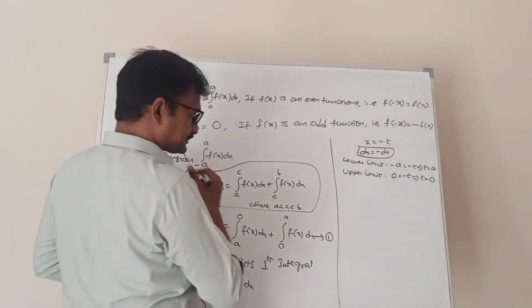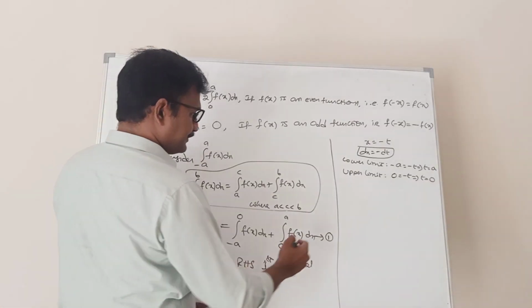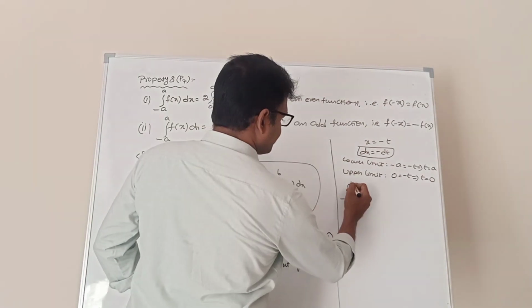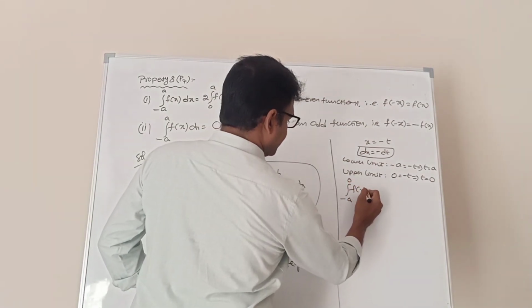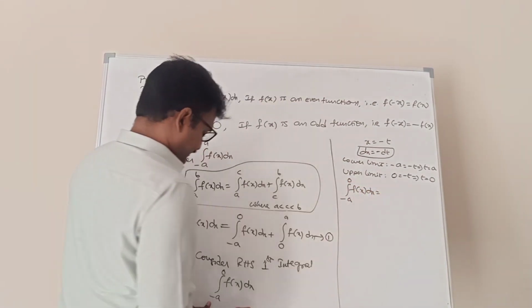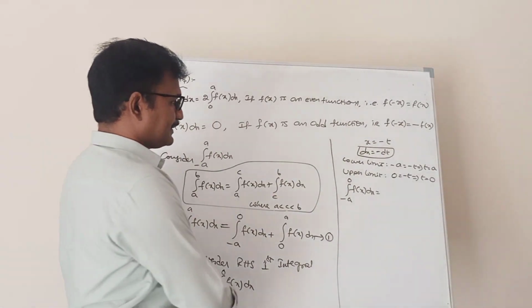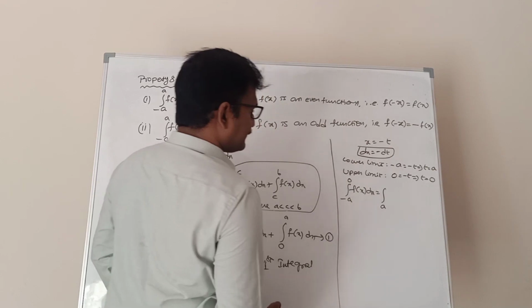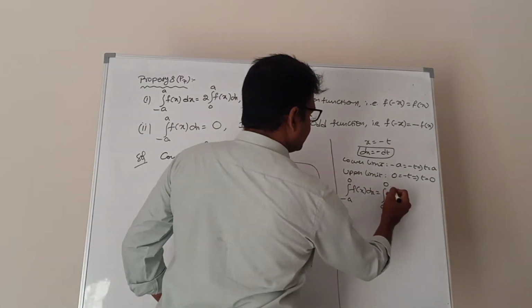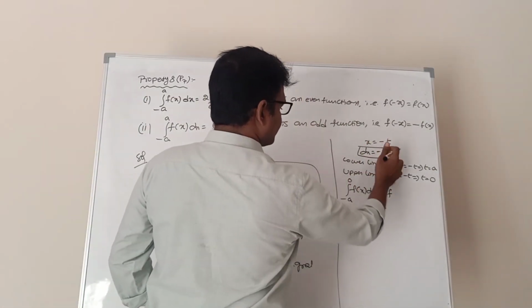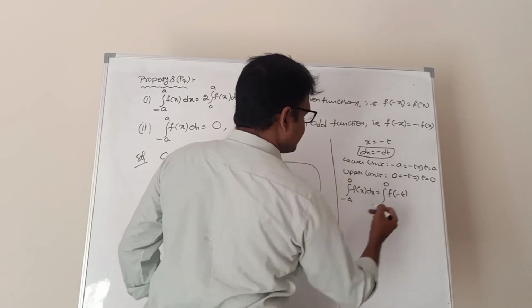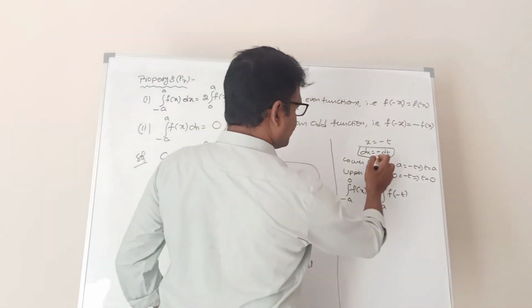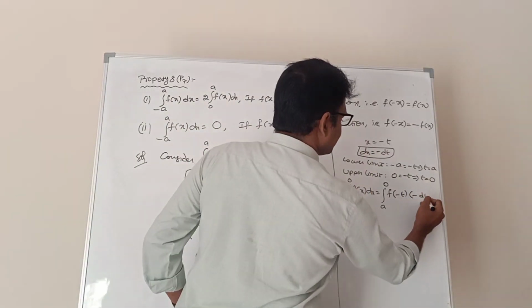Next, replace every value in minus a to 0 f of x dx. I am replacing the lower limit minus a with a, and the upper limit with 0. f of x becomes f of minus t, and dx becomes minus dt.